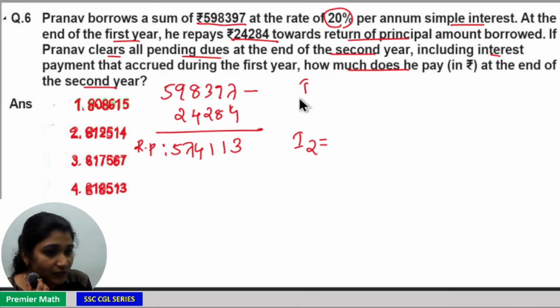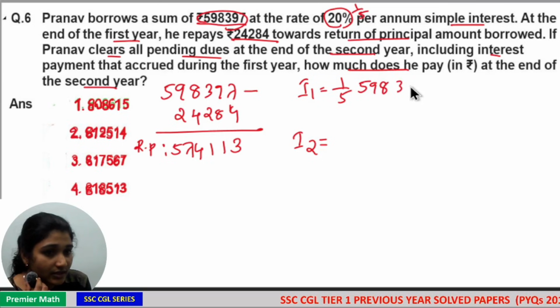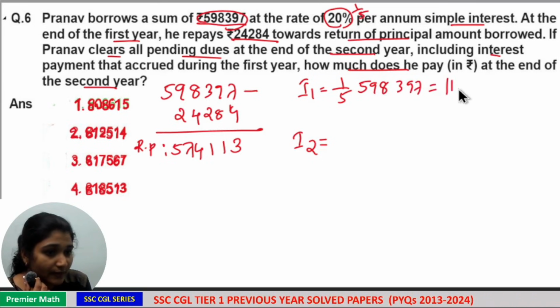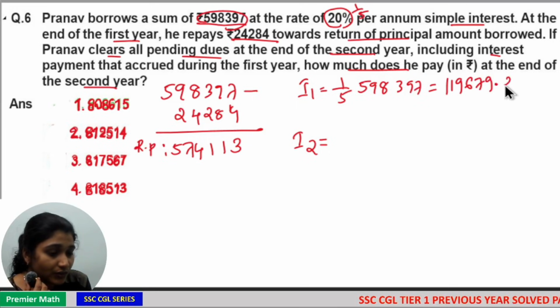Now take the difference, which is equal to this one. And here interest for the first year means 20% of principal. 20% means 1/5. So 1/5 of the principal 598,397. 5 goes 1 time in 5, 1 time in 9, 9 times in 45, 6 times in 30, 7 times in 35, 9 times in 45, 4 times in 20.